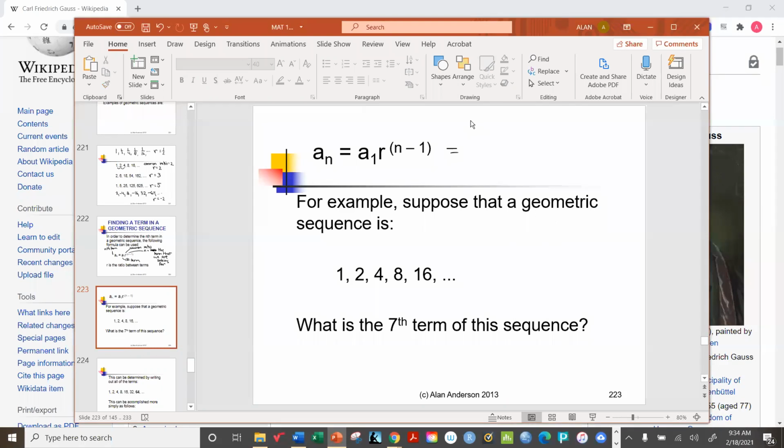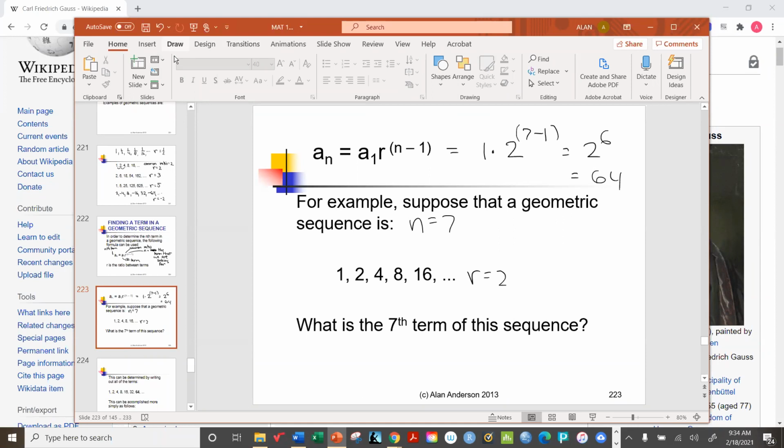A_1 is 1. The common ratio is 2. N, in this case, we're looking for the seventh term. N is 7. So therefore, we have an exponent of 7 minus 1. So this all simplifies to 2 to the 6th. And if you throw that into your calculator, you'll see that it is, in fact, 64.